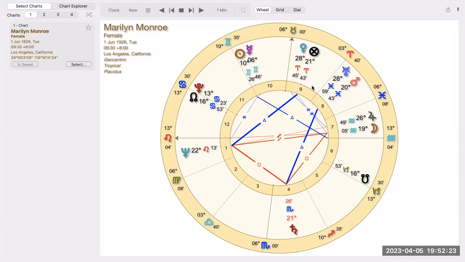Aquarius is air, hot and wet, sanguine, and the moon is cold and wet. So they're both wet, they've got that in common. But we've also got the fixedness of Aquarius with the changeable moon.